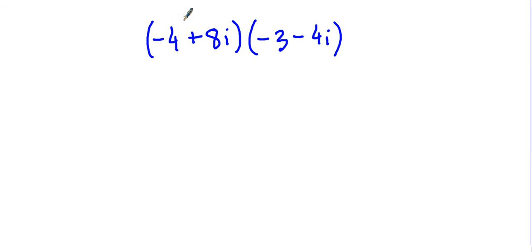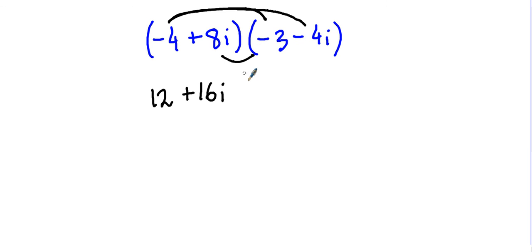Okay, if you are done, you should get something like this. -4 times -3 is positive 12. -4 times -4i is positive 16i. Positive 8i times -3 is -24i.